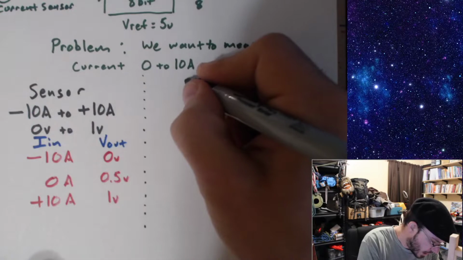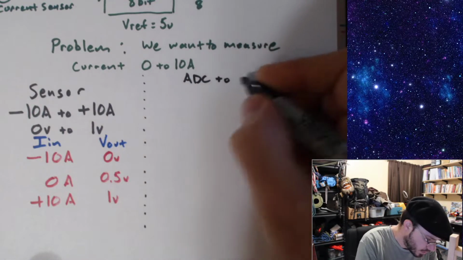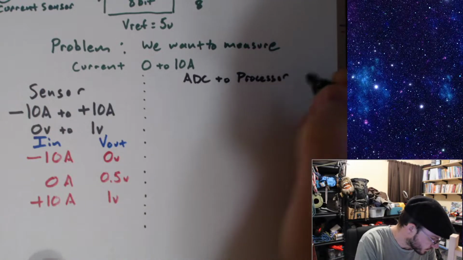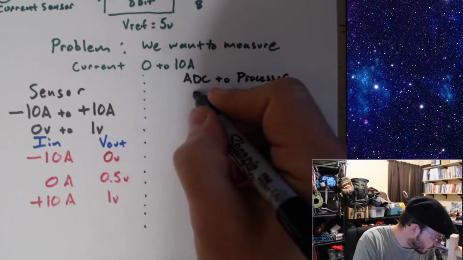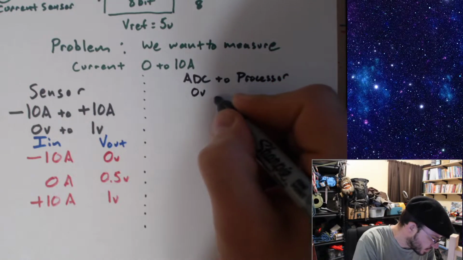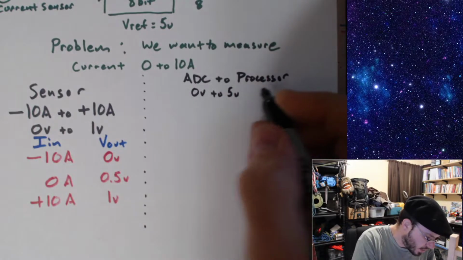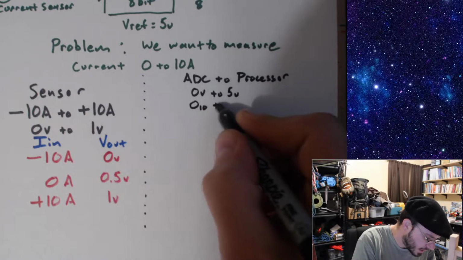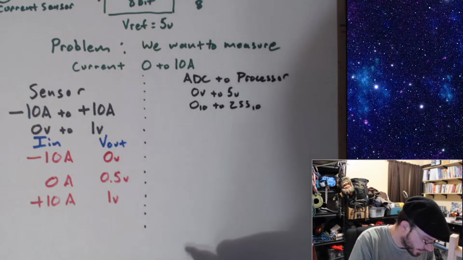So our ADC to processor is going to take 0 volts to 5 volts and turn that into 0 base 10 to 255 base 10.